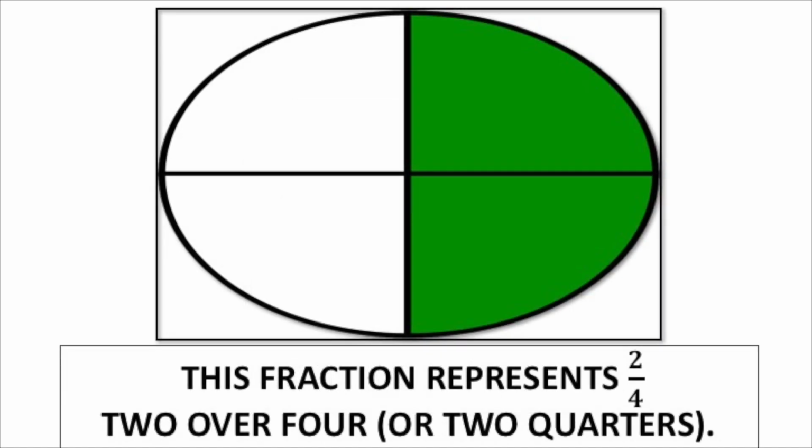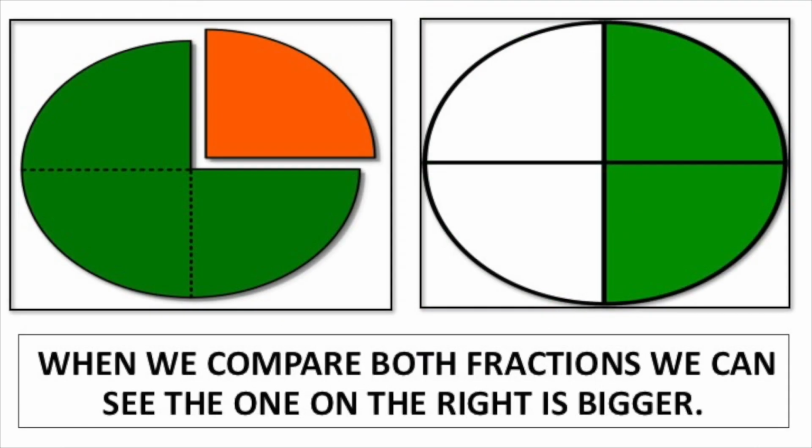This fraction represents 2 over 4. Or 2/4. When we compare both fractions, we can see the one on the right is bigger, because here we have 2/4 in green. What's bigger, the orange segment here or the green segment here?